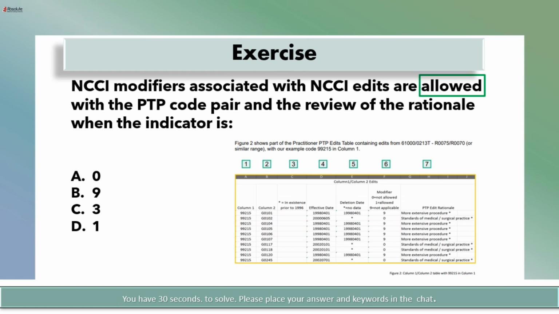A modifier of 1 that will say yes, a modifier is allowed to bypass this edit, and our answer here is going to be 1. And I know you guys got that. Great job. So again, remember if it says 0, it means it is not allowed. If it has a 1, it is allowed. And if it has a 9, it is not applicable. Excellent job.